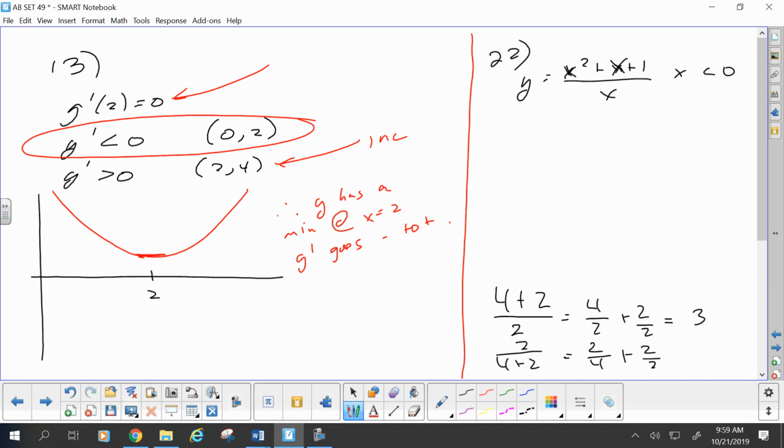You don't want to break math. No, you will break math. This should be 1/3, but now you're saying it's 1/2 plus 1 is 3/2. That's not true. You cannot do it. So a sum in the numerator only can be broken up. This, therefore, is the same as x squared over x plus x over x plus 1 over x, or x plus 1 plus 1 over x.